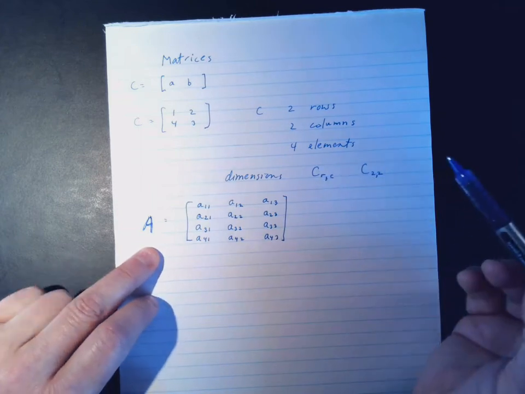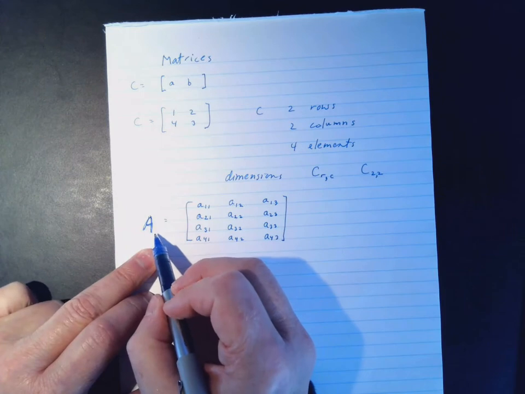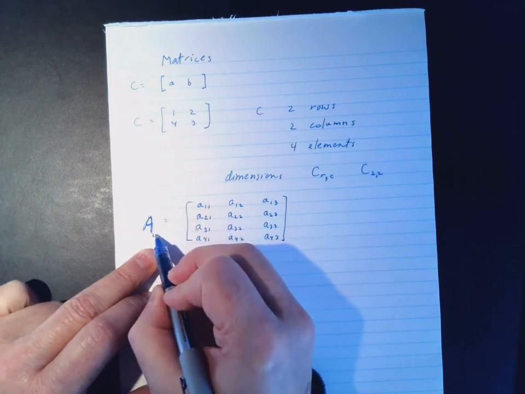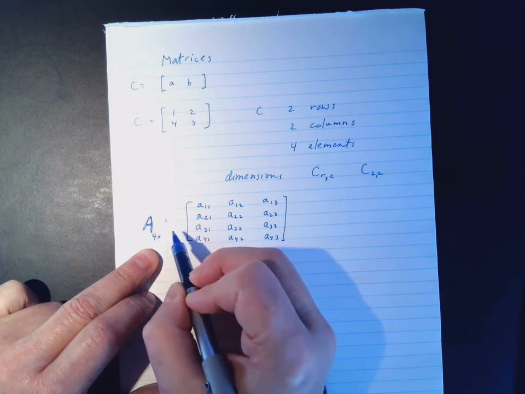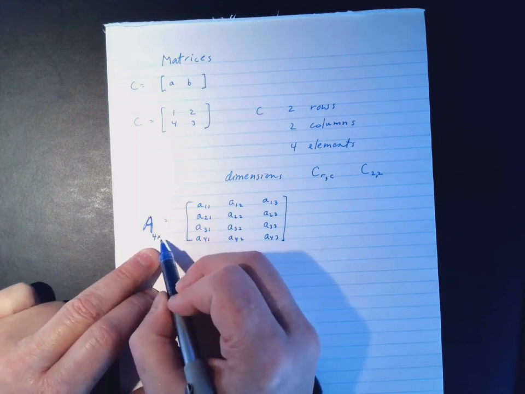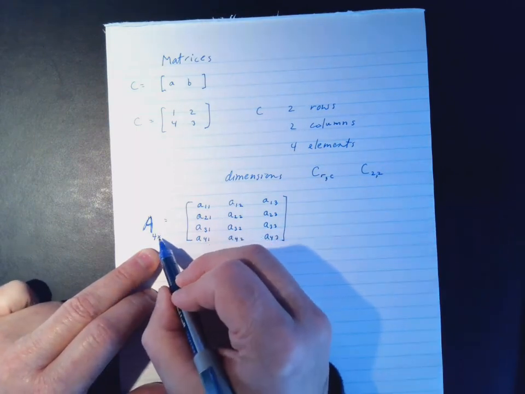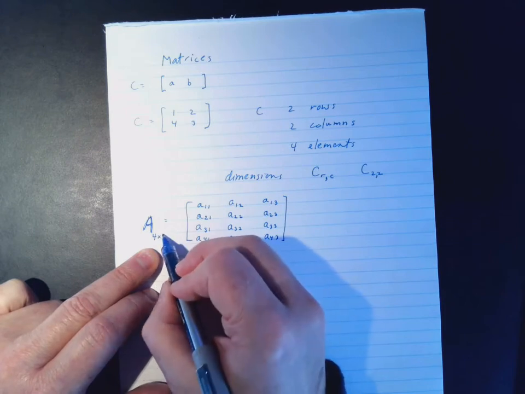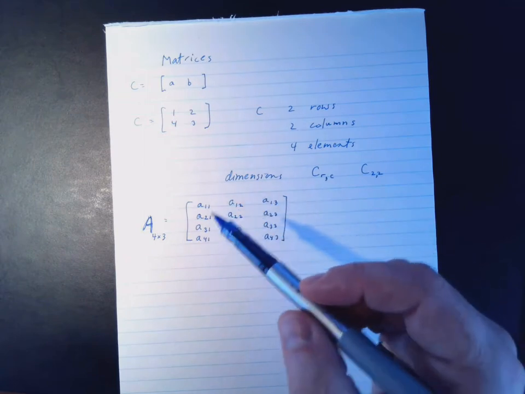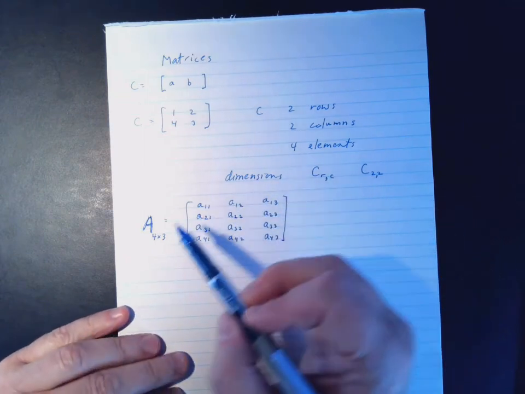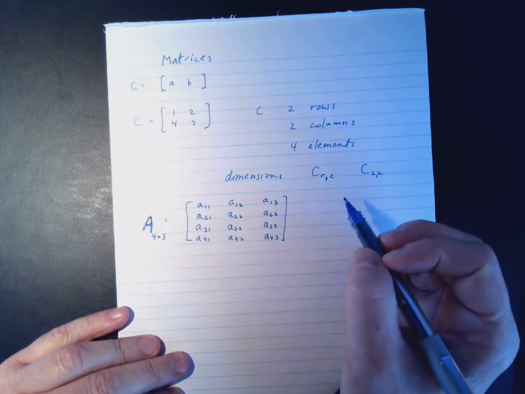All right, so the dimensions here, we will write this as 4, and we'll put a multiplication sign here. Eventually we switch to using letters, and it's a little clearer what the dimensions are, but we'll say it's a 4 by 3 matrix. So A is a 4 by 3 matrix, has 4 rows and 3 columns.